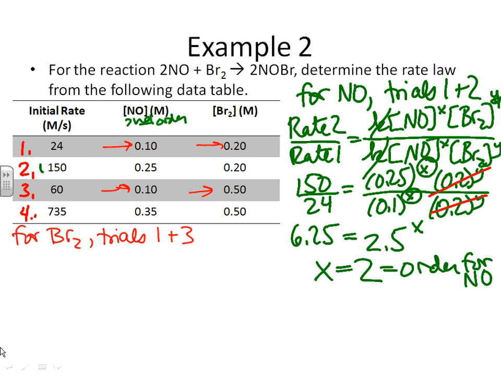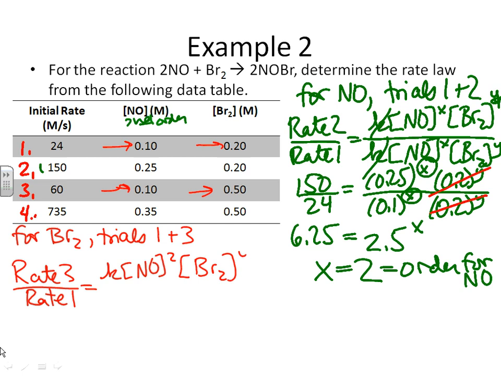Same idea. Two rate laws and simply divide them by one another. The division allows you that comparison. It's like when we do empirical formula problems, you divide by the smallest value. You're comparing mole ratios. That's what you're doing. So I get k[NO] squared over [Br2] to the y.